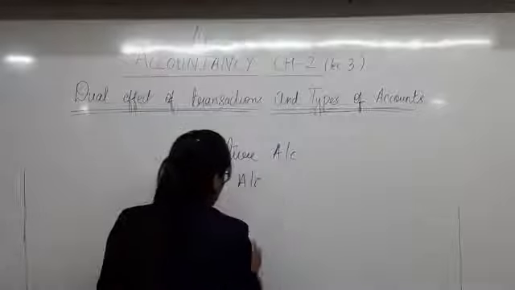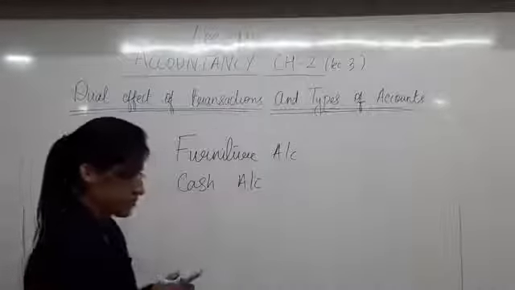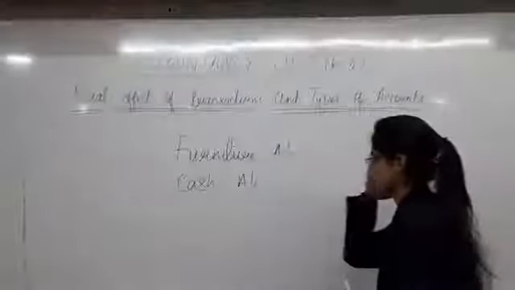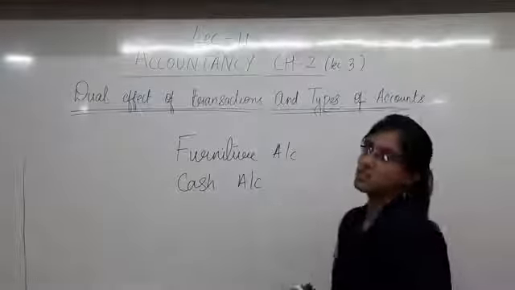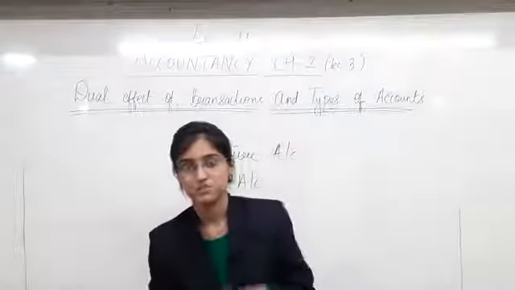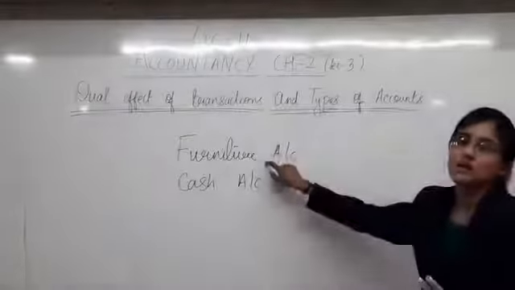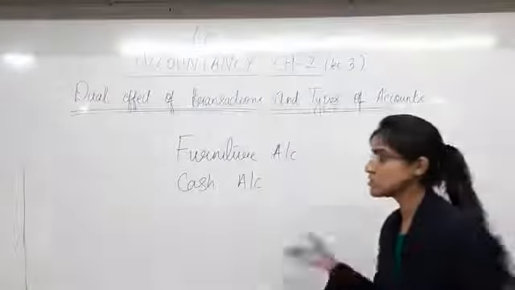Second effect, cash account. Now you might be thinking that, ma'am, whenever we purchase, we are writing purchase account. But here you have written furniture account. Why this change? Let me explain. Furniture is an asset. It's not goods.